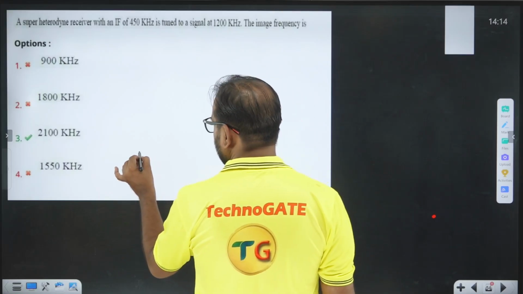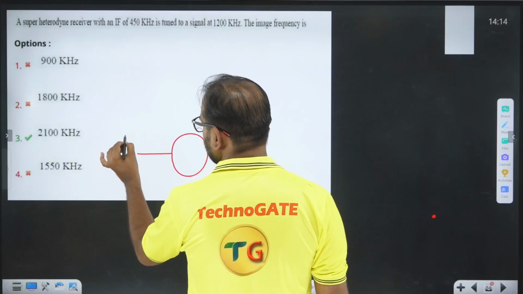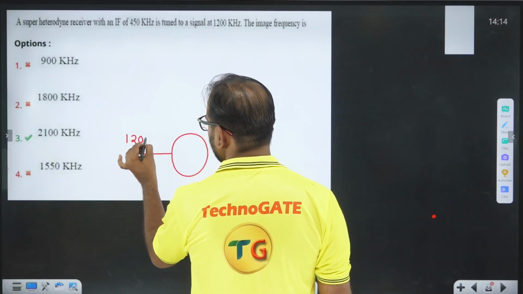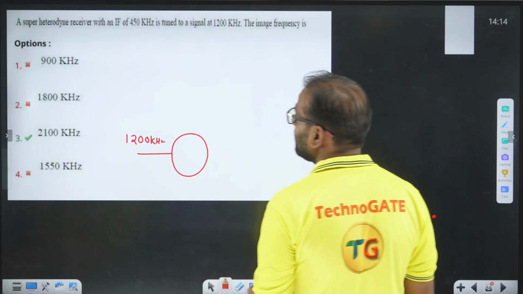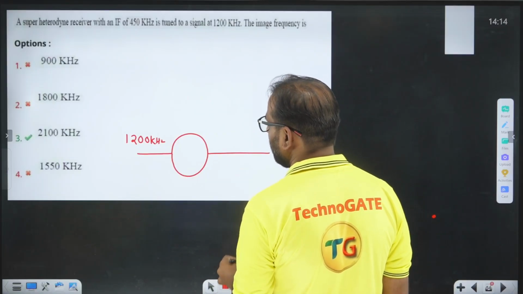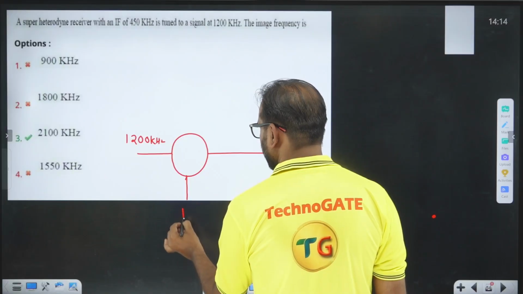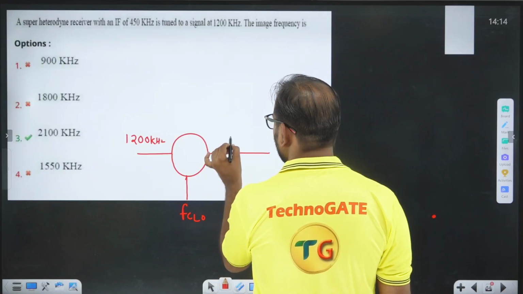They are saying you have an incoming signal of 1200 kilohertz, and the intermediate frequency is equivalent to 450 kilohertz. This is the frequency of the local oscillator, and this is 450 kilohertz.